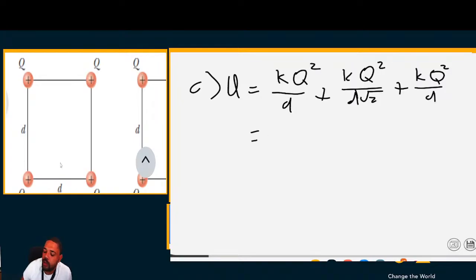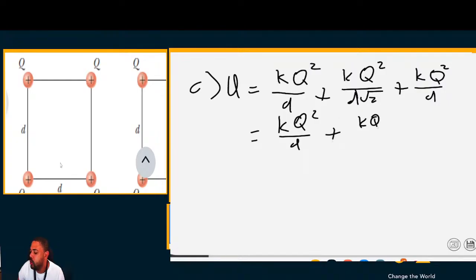That is the first 3, and the second 3 will be kq squared over d, kq squared over d plus kq squared over d square root 2. And then the last one, between the bottom two, will just be kq squared over d.